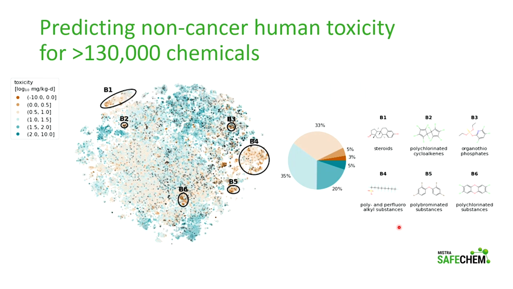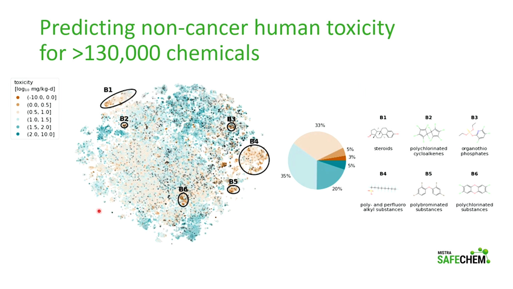And now the color tells you whether the model predicted a high or low uncertainty, where high uncertainty is the more orange colored dots and the lower uncertainty is the turquoise ones. And you can see that there are some different highlighted classes here. So we have a group of steroids that is predicted to be quite toxic.